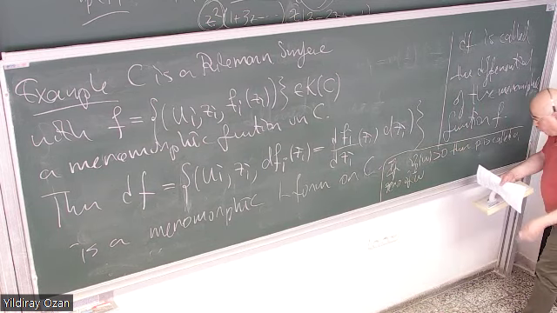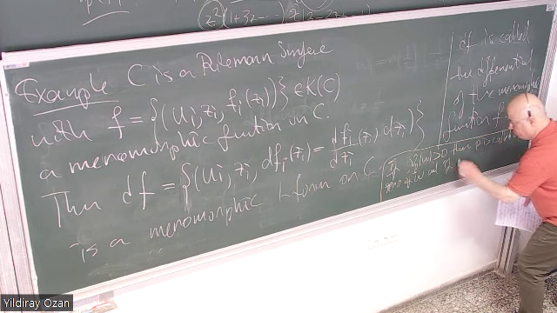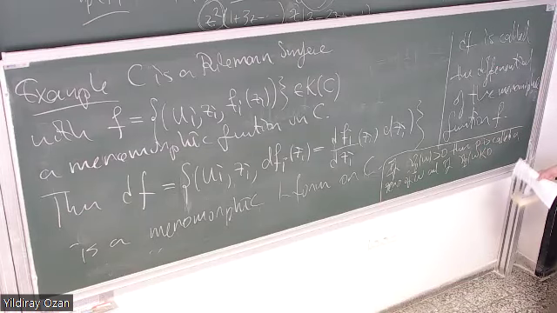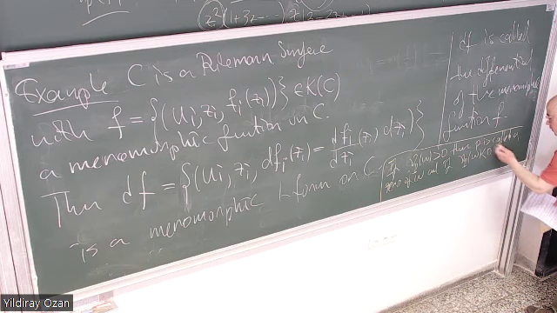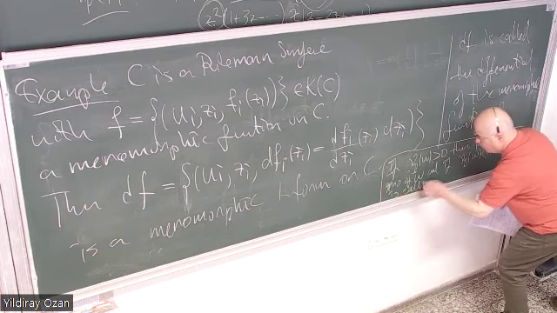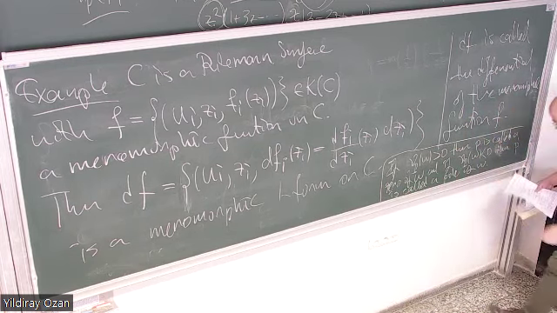Otherwise, it's called a pole. And if the multiplicity is negative, then P is called a pole of W.